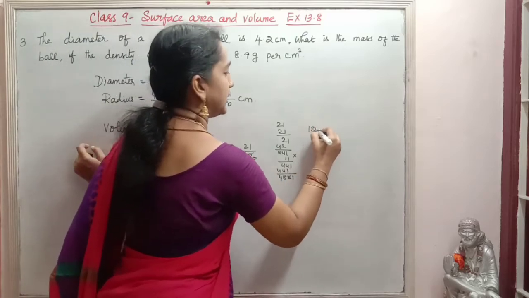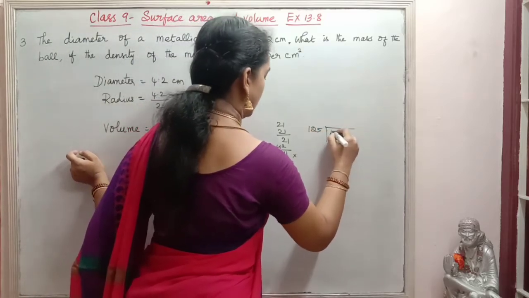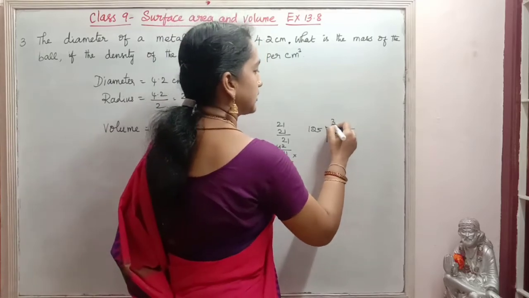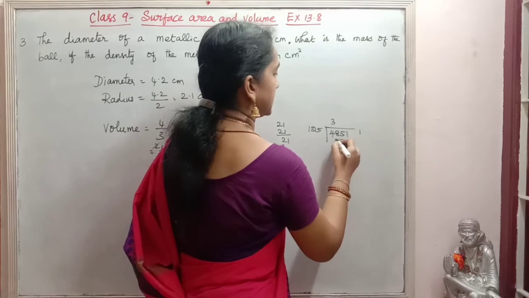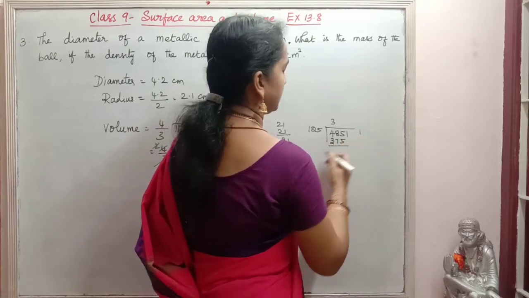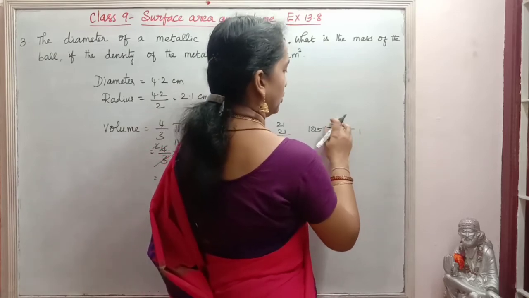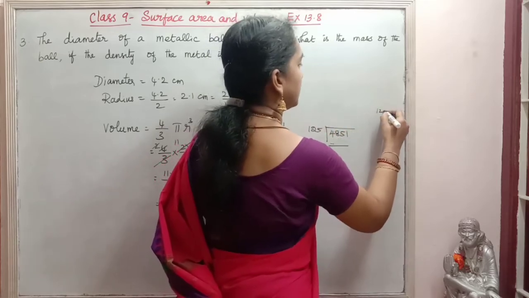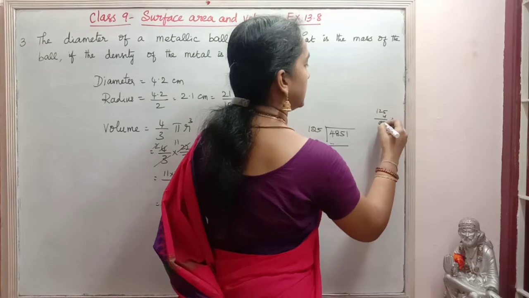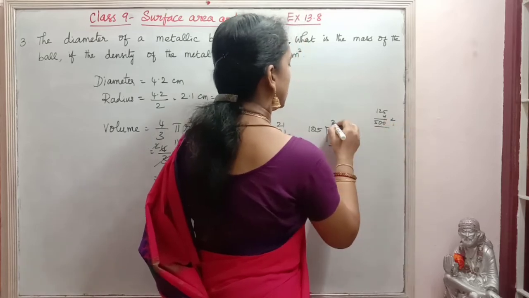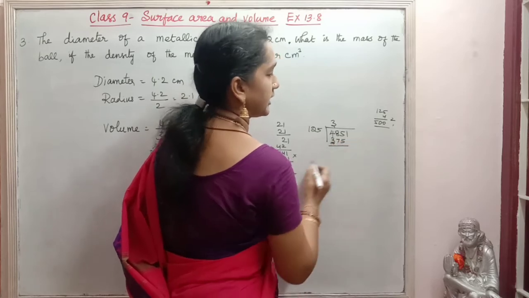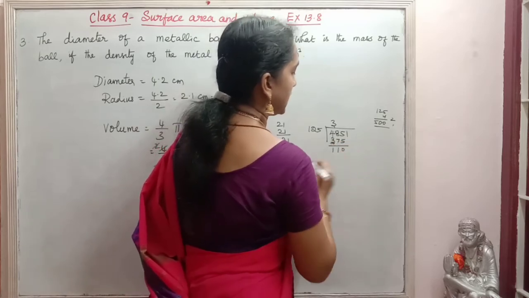Okay, so when we divide this by 125, 4851: if we try 4 times 125, 5 fours are 20, 500 only we'll get, so only 3 times. So 5 threes are 15, 375 we'll get, remainder 110.